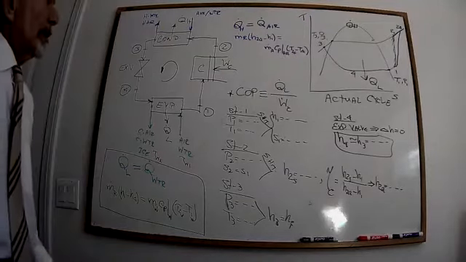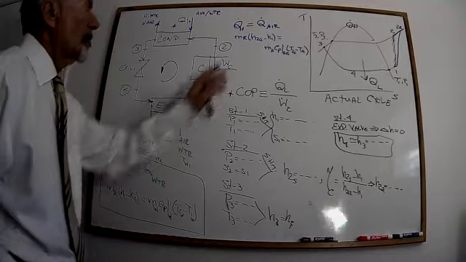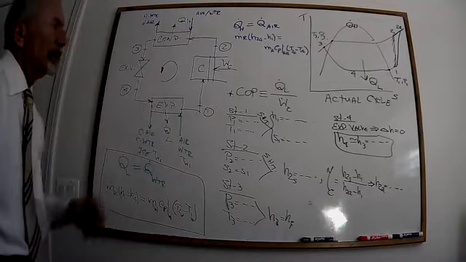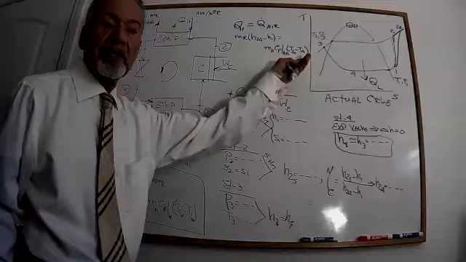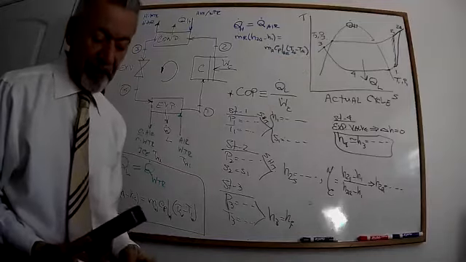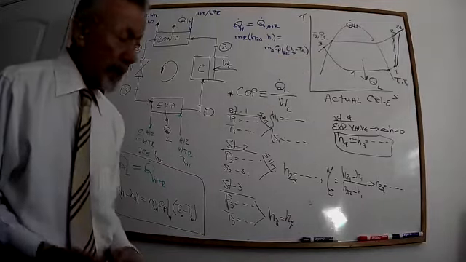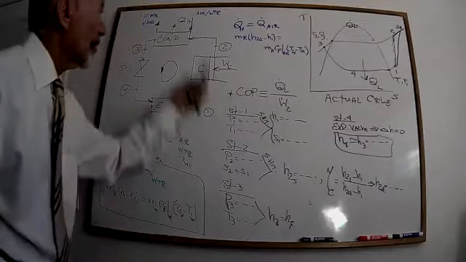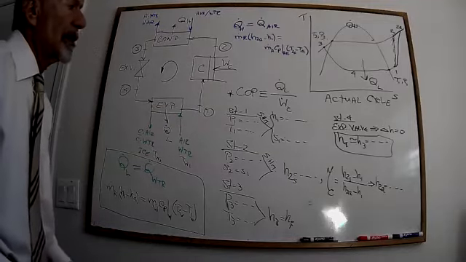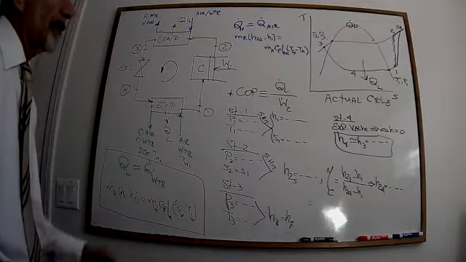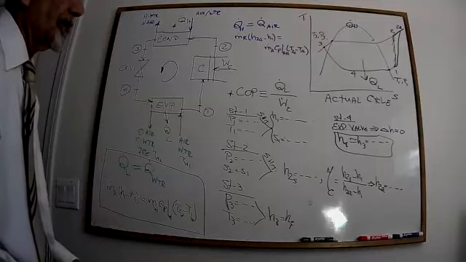So on one side we have a thermodynamic equation. On the other side, we have a heat transfer equation, and we can solve for the values. So watch out for these two additional scenarios on the refrigeration cycle.